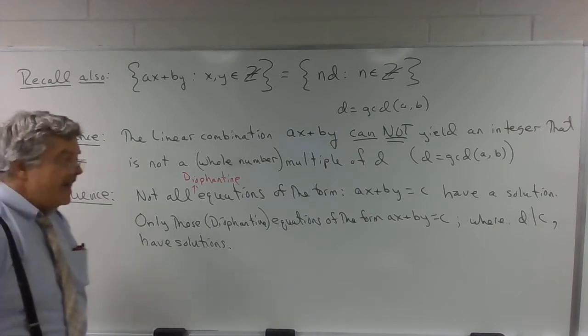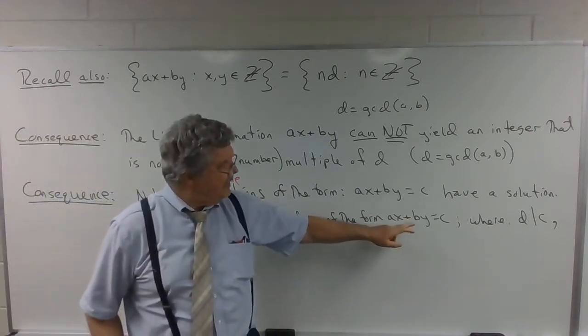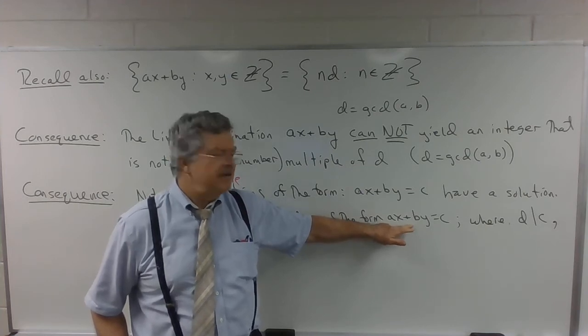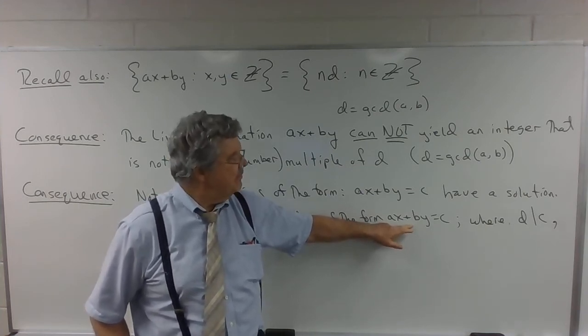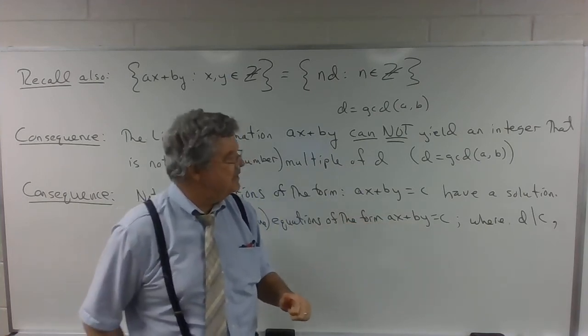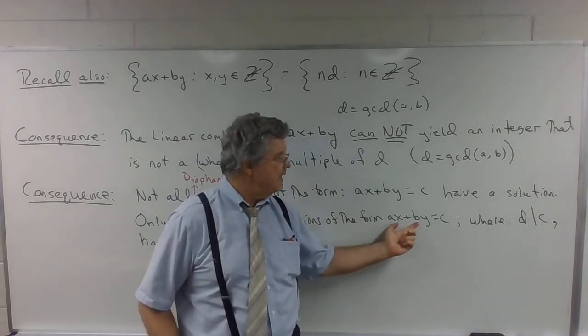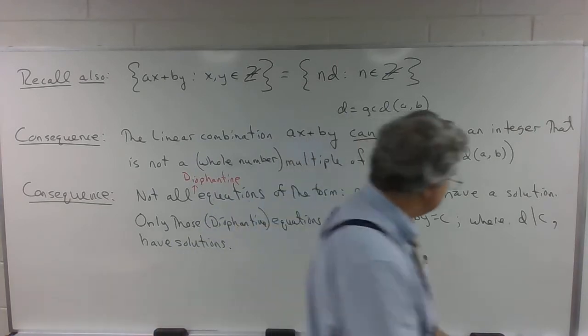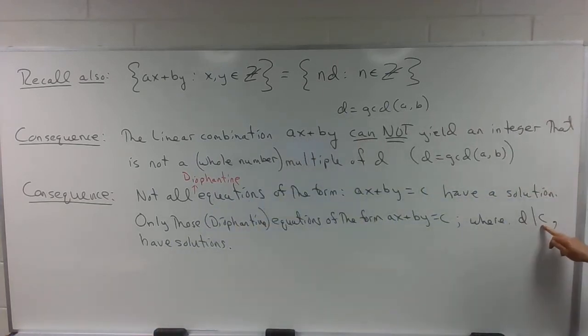So if we're trying to solve an equation of this type, the first thing to do is to check whether d, the greatest common divisor of a and b, actually divides c. If d divides c, then the equation has a solution. If d does not divide c, then the equation does not have a solution.